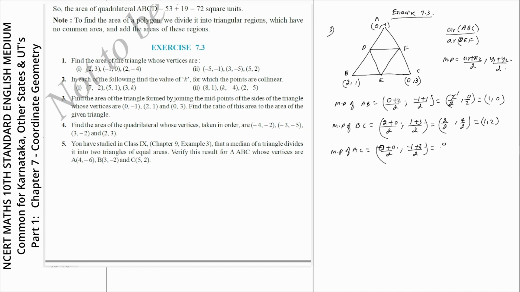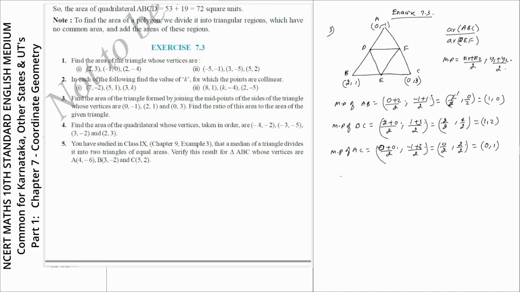So this I'll get 0 by 2, minus 1 plus 3 is plus 2, 2 by 2. So here 2 will get cancelled. I'll get 0 by 2 is 0 only, so 0, 1. So coordinates of DEF are 1, 0, 1, 2 and 0, 1 respectively.